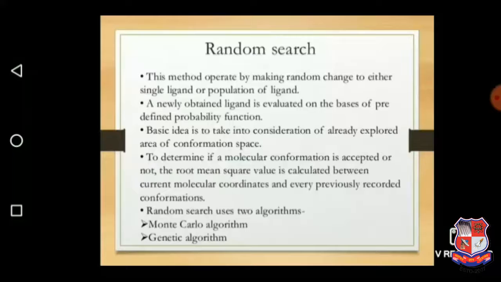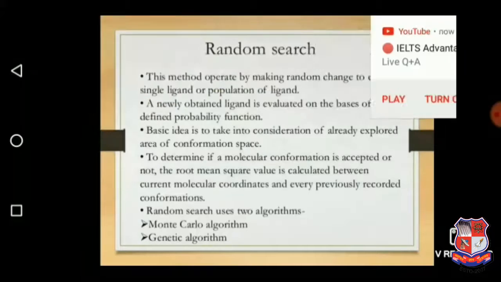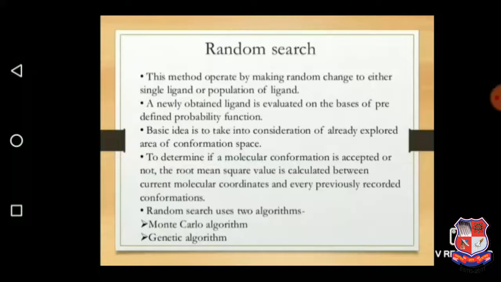The basic idea is to take into consideration the already explored area of conformation space to determine if a molecular conformation is accepted or not. The root mean square value is calculated between the current molecular coordinates and every previously recorded conformation. Random search uses two algorithms, the Monte Carlo algorithm and the genetic algorithm.